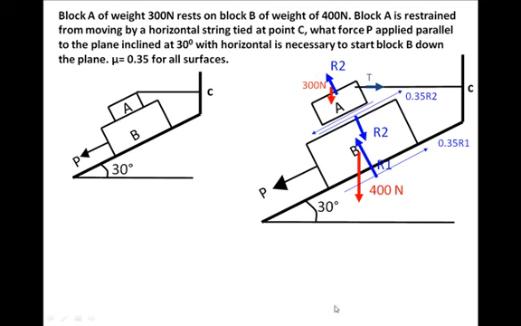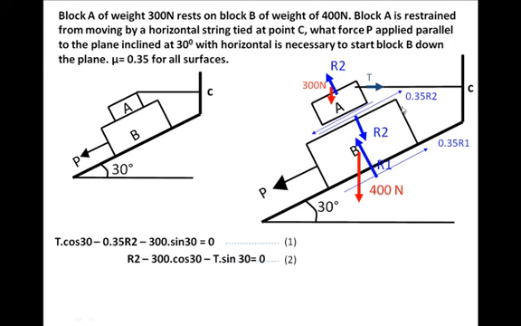So when we do that, for the first body, sigma Fx, that is all forces in the x direction, comes to T cos 30, because this angle T makes with this incline is 30, minus 0.35 R2, and minus 300's component in the plane direction, that is 300 sin 30. Similarly, in the y direction, it will be R2 minus 300 cos 30 minus the component of T, T sin 30.